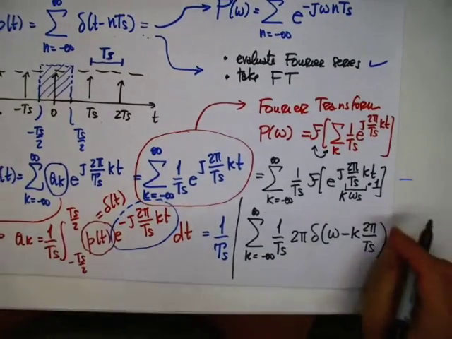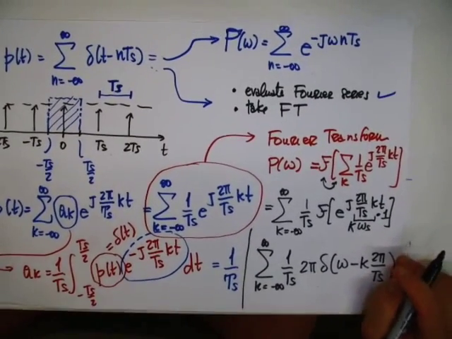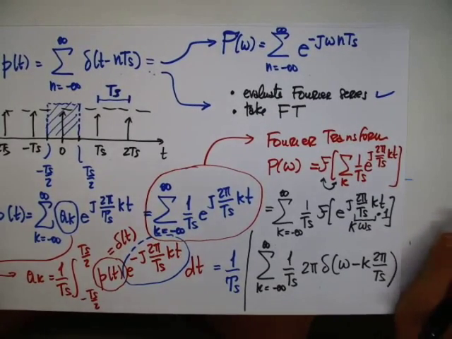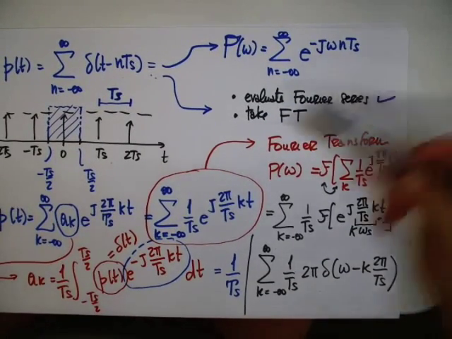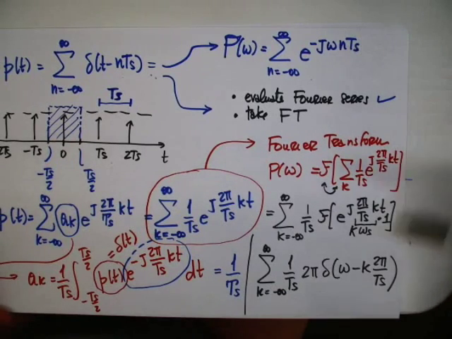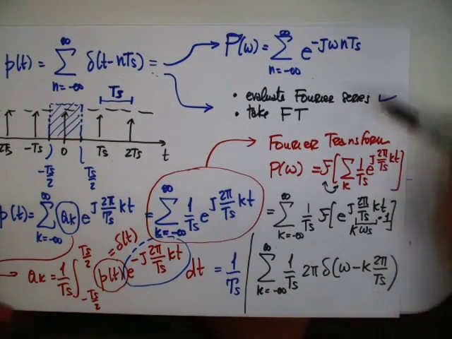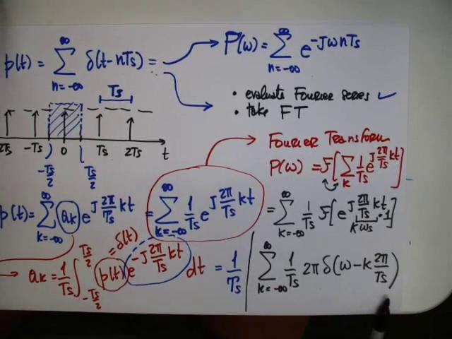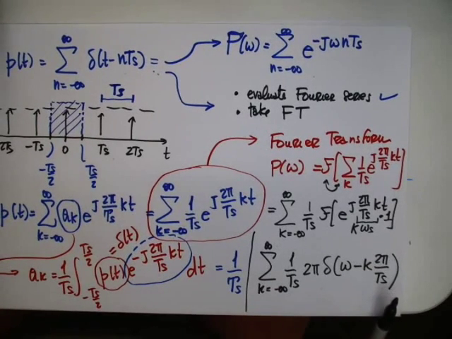And so we got an alternative form of the Fourier transform of the Dirac train. We have this infinite series given in this form, but also we get this infinite series. This is an infinite series of exponentials, and here we have an infinite series of deltas. And so the two Fourier transforms are equivalent.